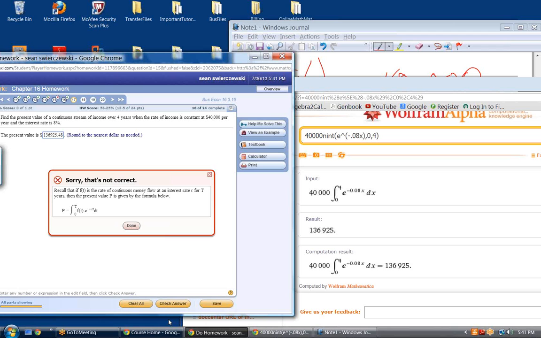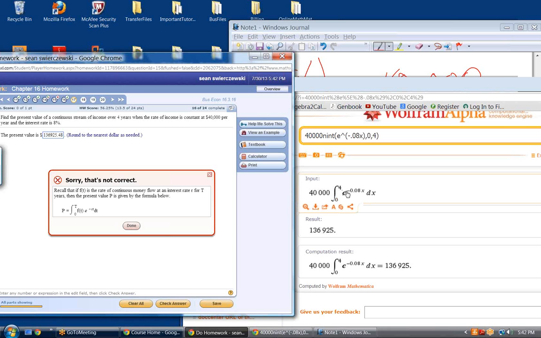What's T? T is 4. It's income over 4 years. I got a 4 in here, 0 to 4. So what if you plugged in 4 for the X? Well, you can't do that because that has to be integrated.